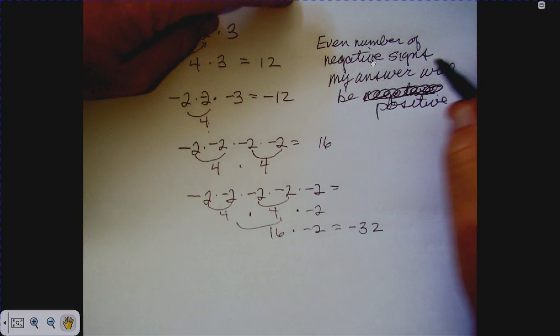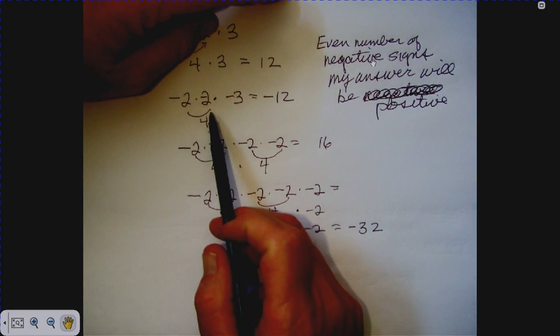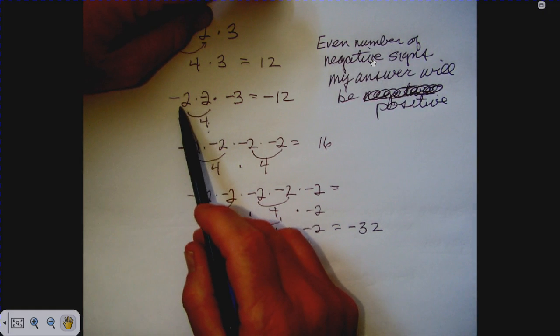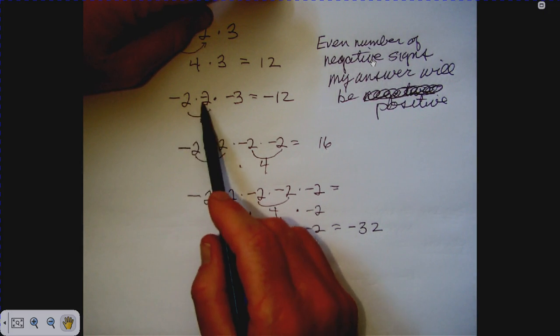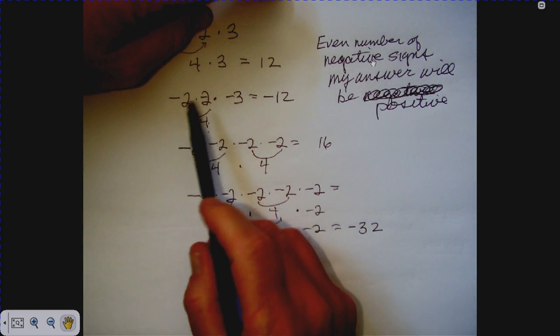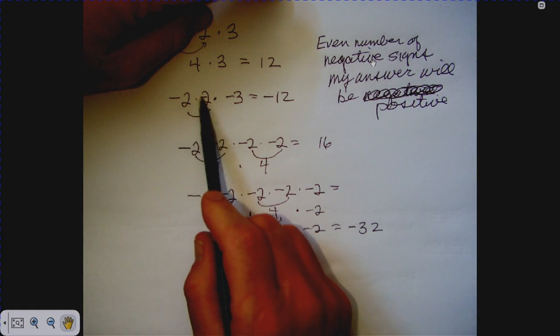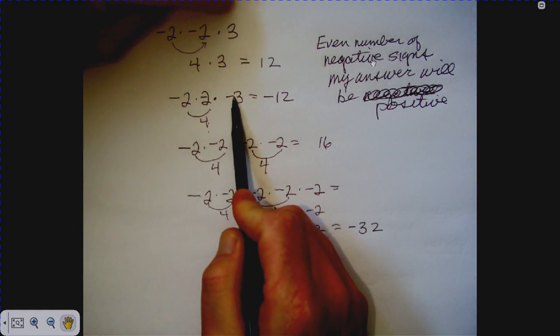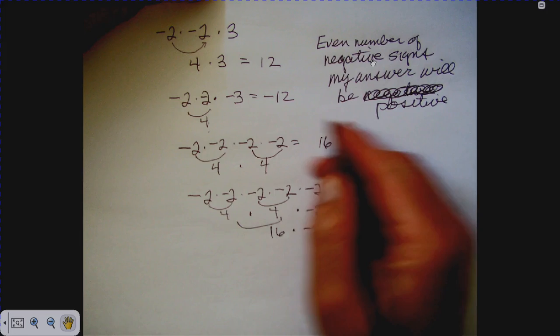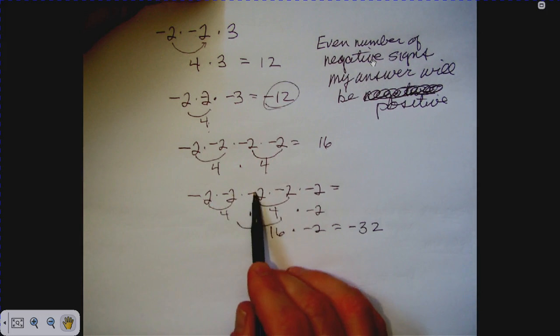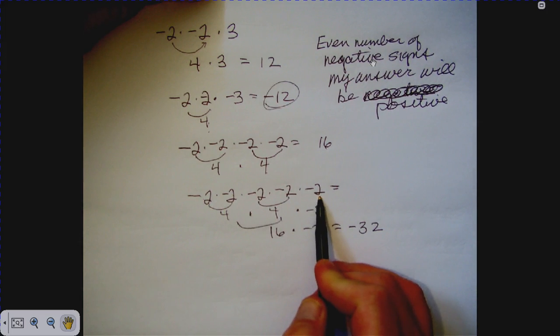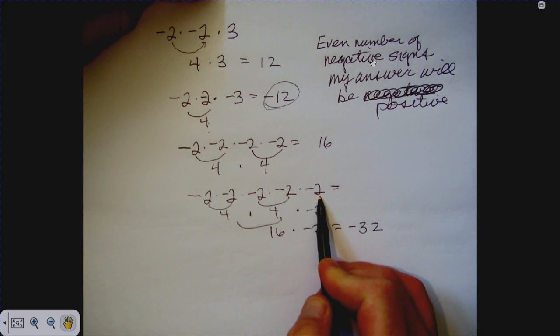But now let's look at where I haven't proved this, but this is the rule. I have an even or an odd number of negative signs here. Odd number of negative signs. I have -2 times -3 times -3. 1, 2, 3 negative signs. Odd. So my answer was negative. Here's another example: 1, 2, 3, 4, 5 negative signs. Odd number.